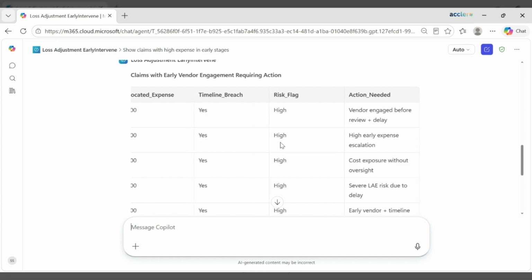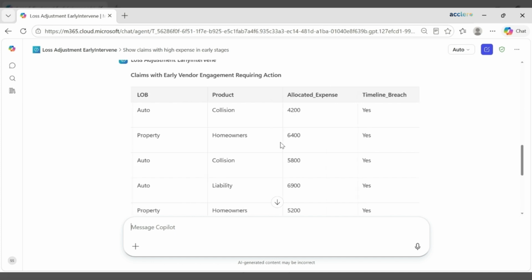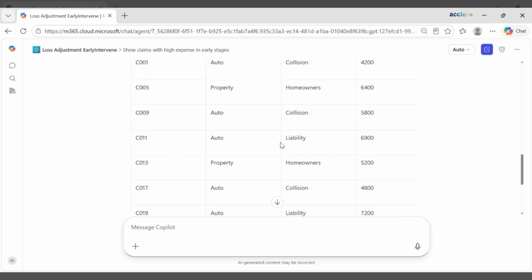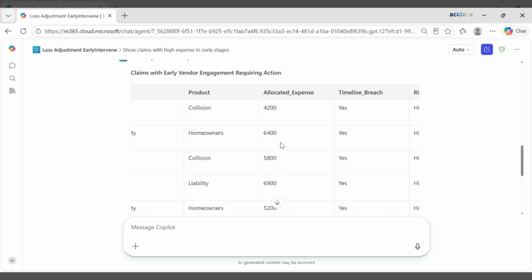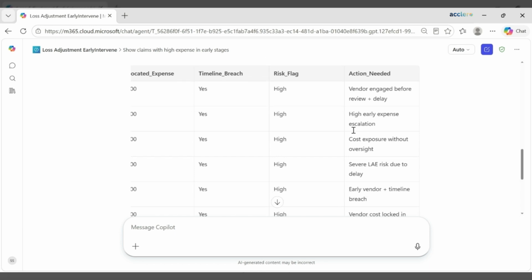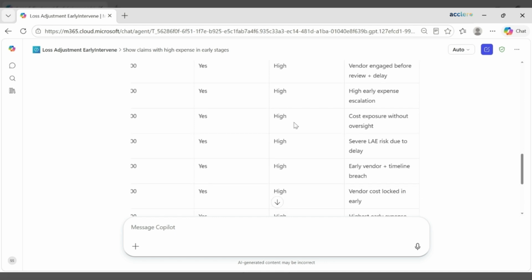Along with the action, the agent explains why intervention is needed, highlighting the key drivers like early vendor engagement, then delays, and then increasing workload. So this helps the supervisors to take quick informed decisions to control the cost.